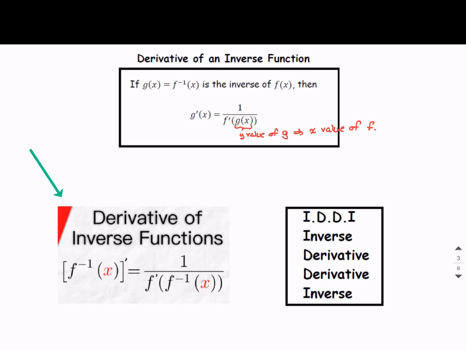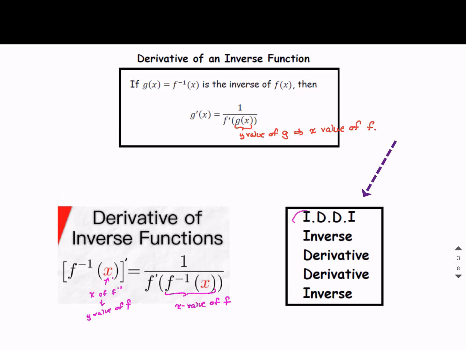And if we look at it in this form, whatever this x is, this up here is an x value of f inverse, okay? But it's a y value of f, which is why, when we put this x into the inverse, the whole thing is the x value of f because it's the y value of the inverse.